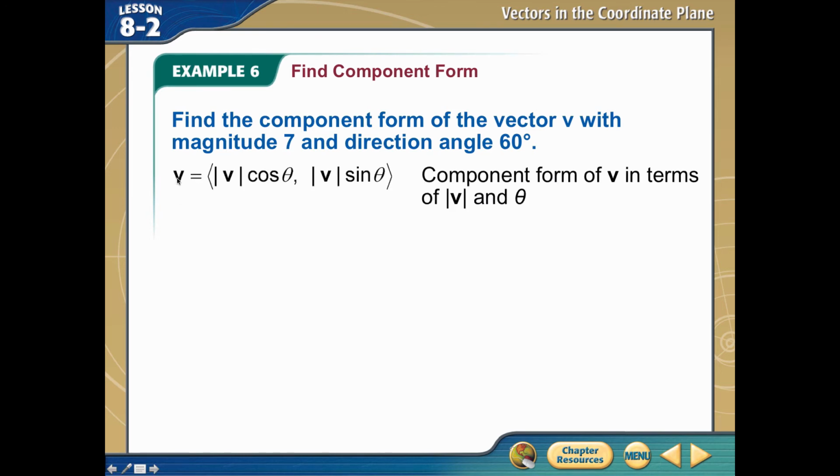So your vector v is going to be magnitude v cosine theta, magnitude v sine theta. And this works just because magnitude v cosine theta, that's the hypotenuse times cosine theta, is the adjacent. Magnitude times sine theta is the opposite. And I'll show you that on the next slide.